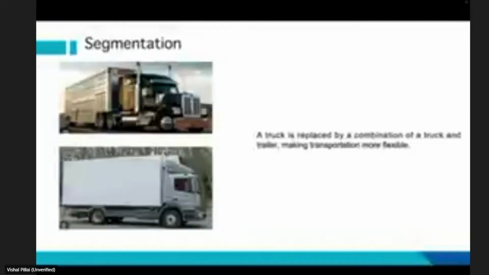Segmentation means, basically, you might have seen trucks which are in a straight line with one chassis, and trucks which can move around, like a combination of a truck and a trailer. The reason this is done is that you want to make transportation more flexible. It's just an odd example.